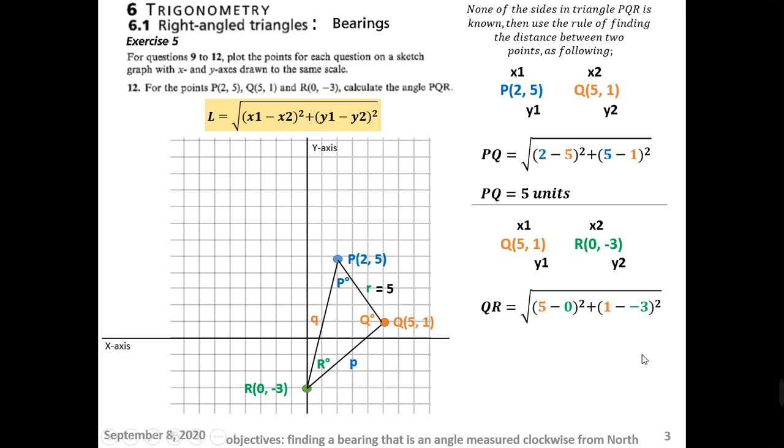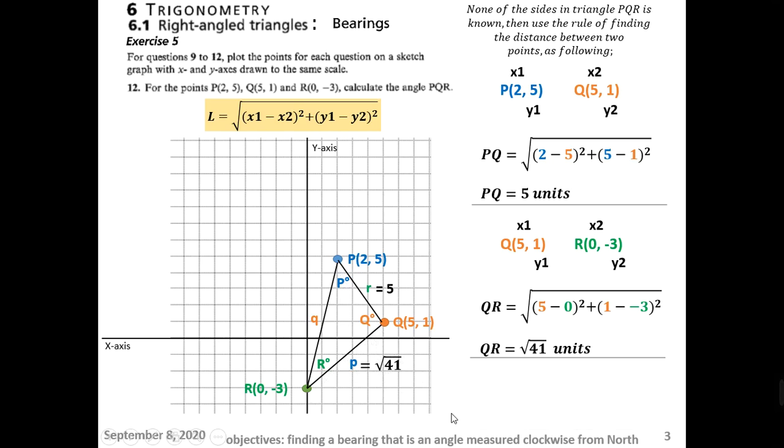This is ready to be inserted in the calculator, and if you calculate it, you're going to find QR as square root of 41, and units is the measurement unit. So QR represents P small. So P small, because it is right opposite to angle P, so this is side P, and the value of it is square root of 41.